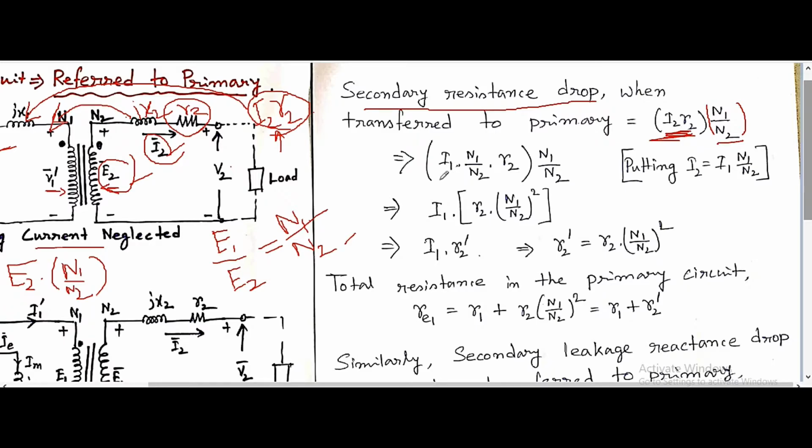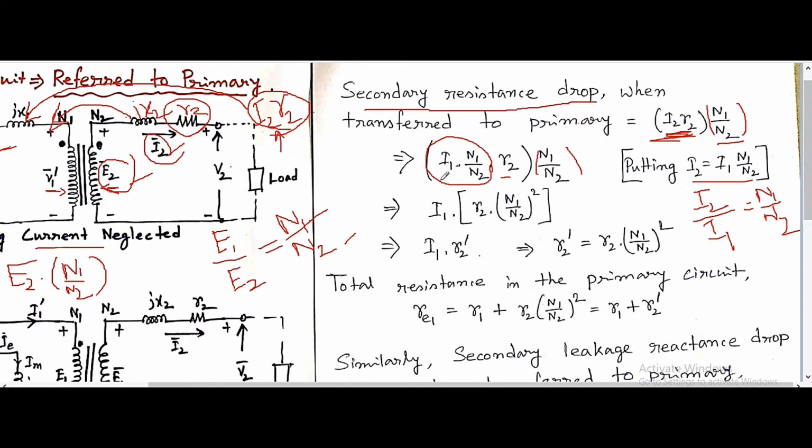We also know that I2 by I1 equals N1 by N2. So I2 equals I1 into N1 by N2. Instead of I2 we can put this value, and then we have R2 and N1 by N2.